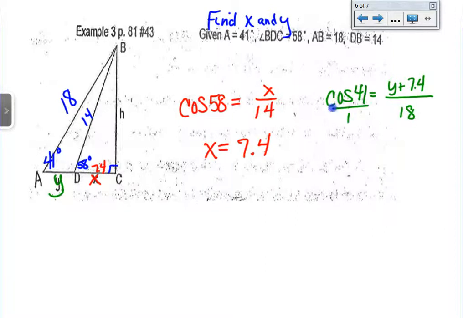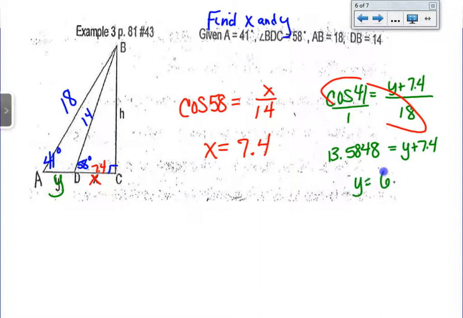Okay, so we're going to cross multiply. So cosine 41 times 18. Let's see, if I type that on my calculator, I get 13.5848. I don't want to round until the end of the problem, otherwise I'm going to get all funky answers. And then if I subtract off the 7.4, now I can think about sig figs.